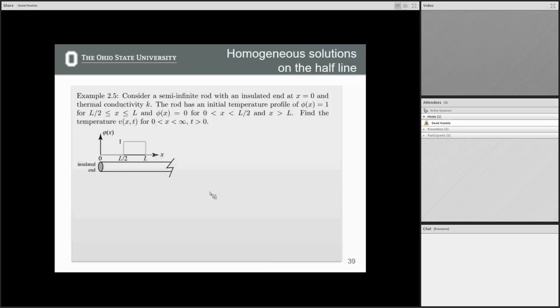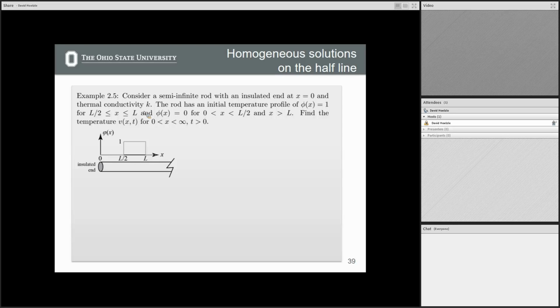Okay, so let's look at an example. I think that'll maybe firm up this question a little bit. Consider a semi-infinite rod with an insulated edge. Insulated edge, we said before, that's the Neumann boundary condition, right? So we're saying that no heat transfers through this insulated edge at x equals 0.